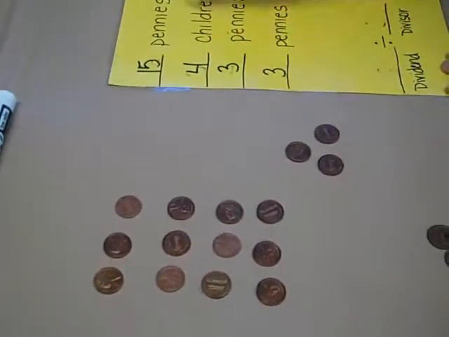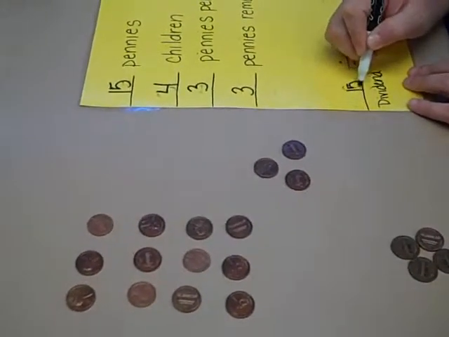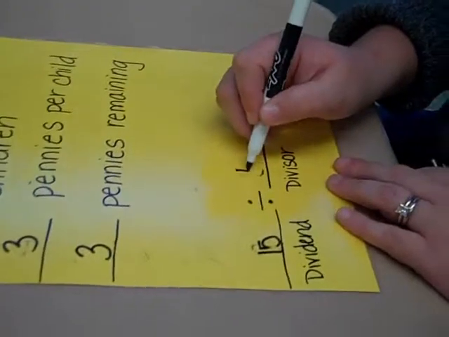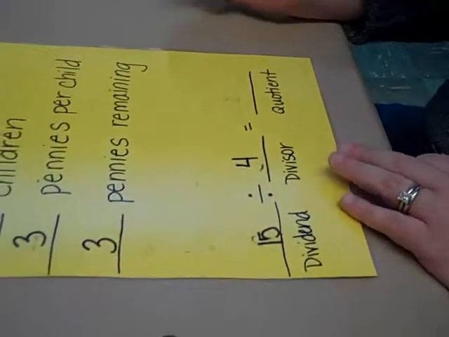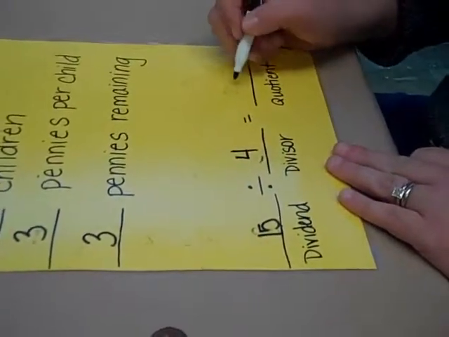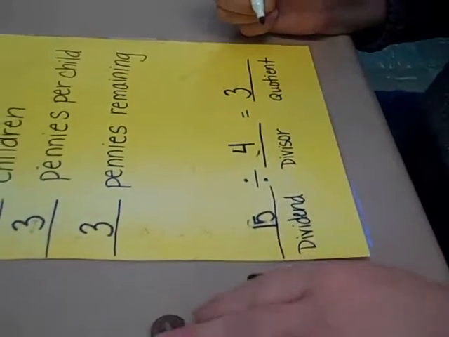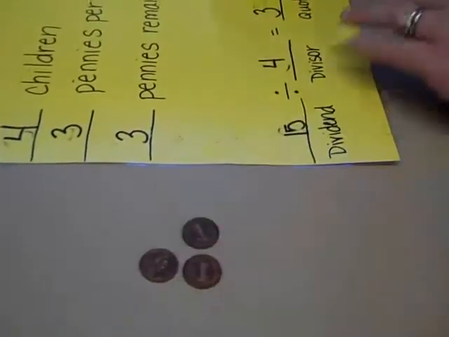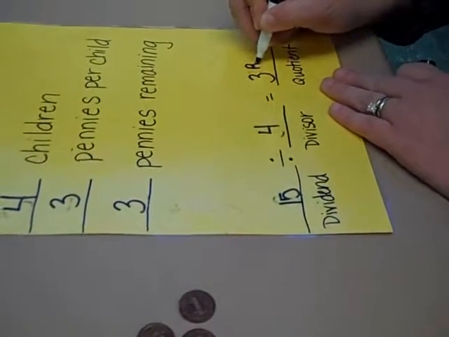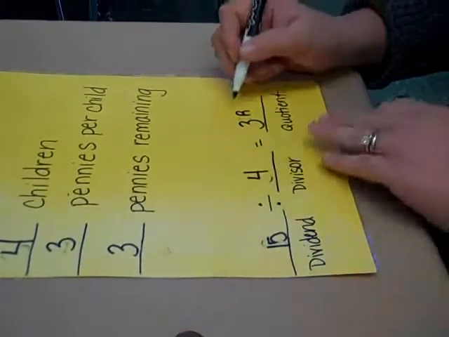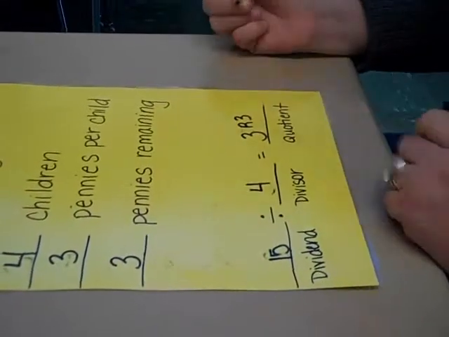So we know that we have 15 pennies as our dividend, divided by 4. Since I have 3 pennies left, I have to write an R that represents my remainder, and I have a remainder of 3.